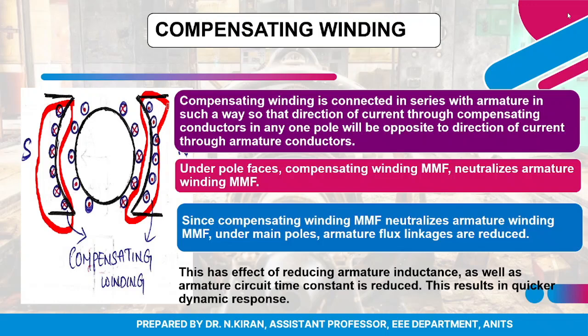Under the pole faces, the compensating winding MMF will neutralize the armature winding MMF. Since they compensate the armature winding MMF, the main flux distribution will not get distorted. So this is one of the effective ways to nullify the armature reaction in large DC machines.